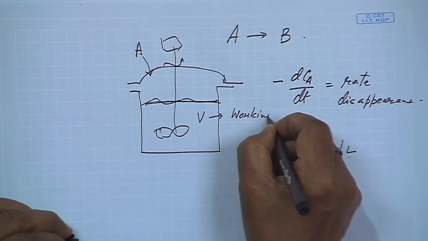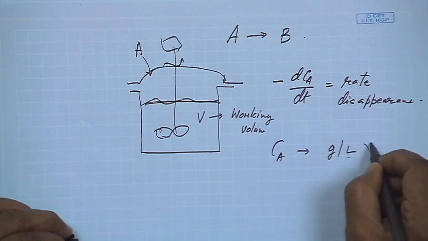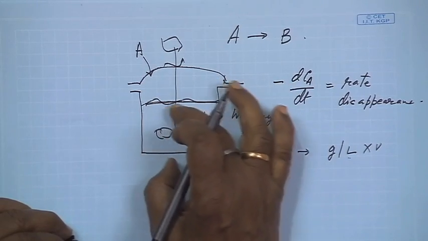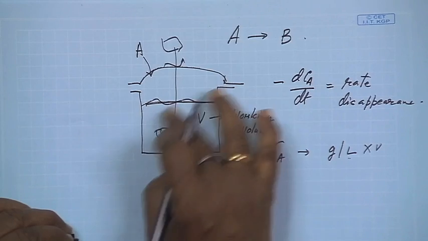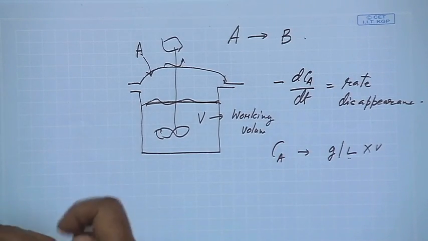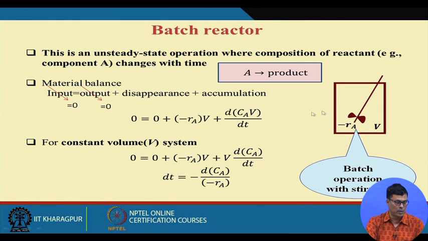So naturally this is to be multiplied by V, so that in the calculation you can account for all the changes in this volume. That is why minus RA is multiplied by V. Now, this is d(CA V) by dt, the rate of accumulation of A taking place in the system, that is, how much accumulation takes place with respect to time.